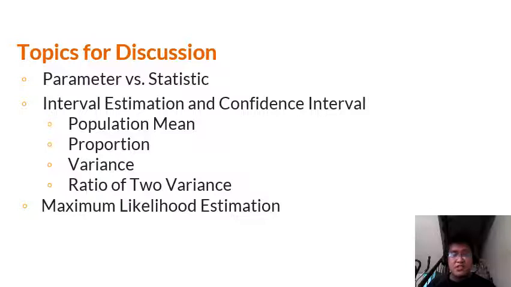In the discussion of interval estimation, we will mention the importance of the confidence interval and how it is a tool to estimate your parameters based on data collected from your sample, which is a subset of your population. Lastly, we will end with maximum likelihood estimation.